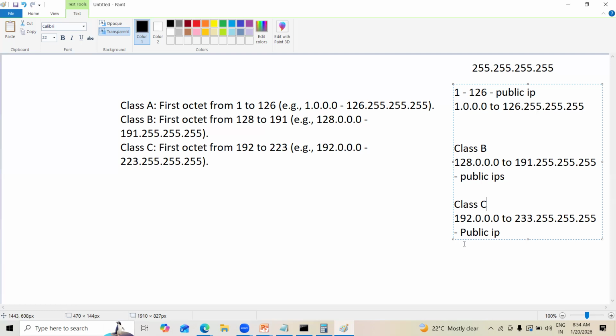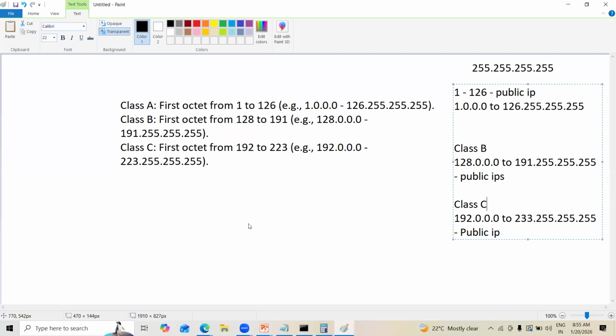Class A. Between 1 to 126 comes under class A, between 128 to 191 class B, and between 192 to 233 comes under class C. So these are the different classes we have.